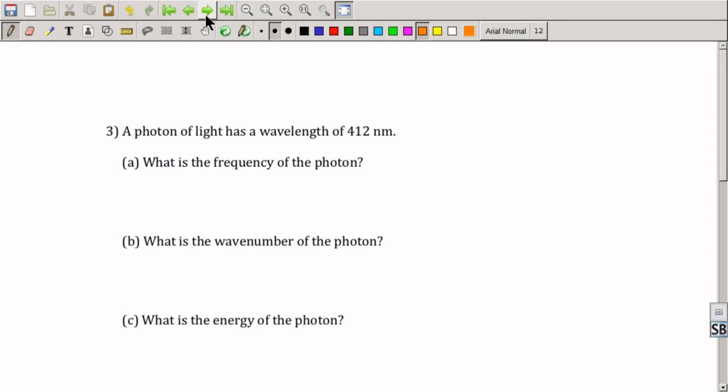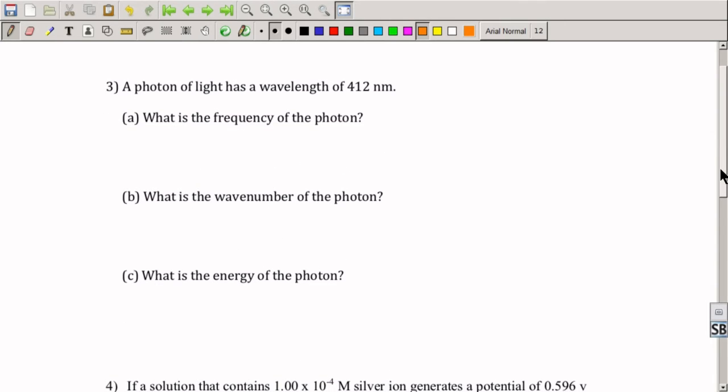All right, easy stuff here, right? If I have a photon with a wavelength of 412 nanometers, how do I calculate the frequency? Three things you want to remember for this.